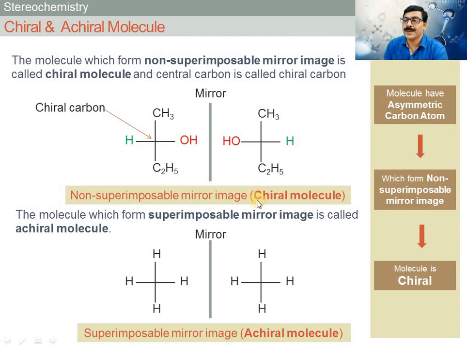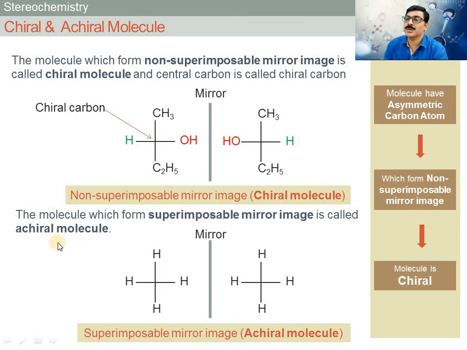Means 2-butanol is a chiral molecule, and the asymmetric carbon atom is called a chiral carbon atom. Then the molecule which forms a superimposable mirror image, that is an identical mirror image, is called an achiral molecule.